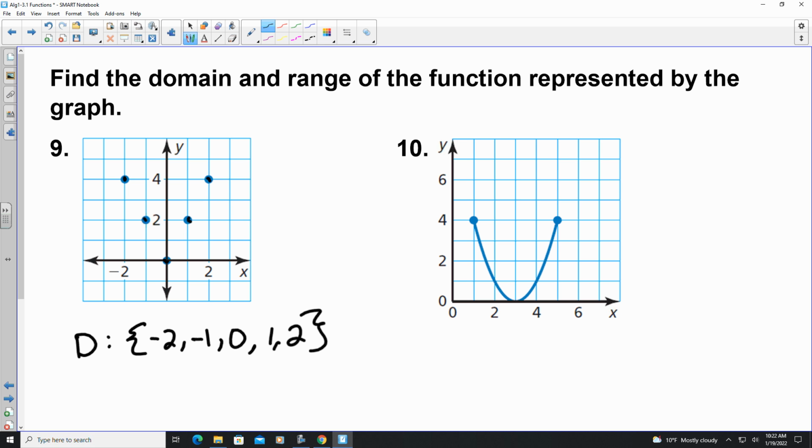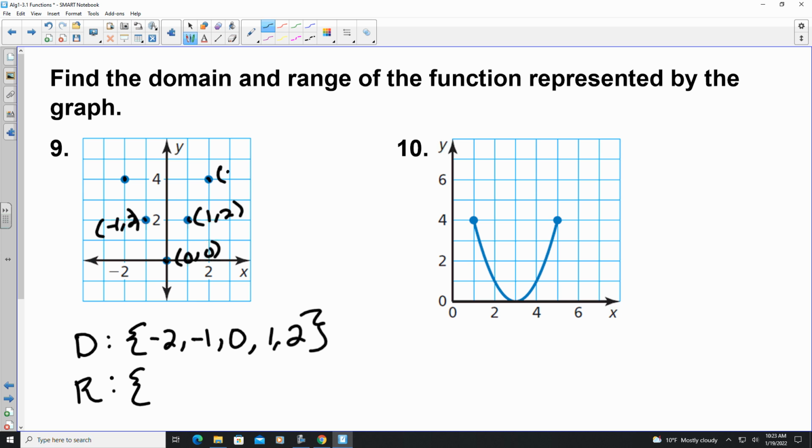All right, so now looking at the range, if you notice here, you have some repeat values with your values of y, because this was 0, 0. This here was 1, 2. This was -1, 2. You can have repeats in y, you just can't have repeats in x for it to be a function.